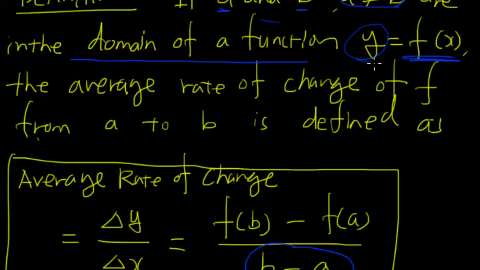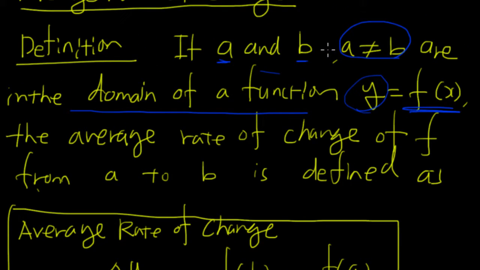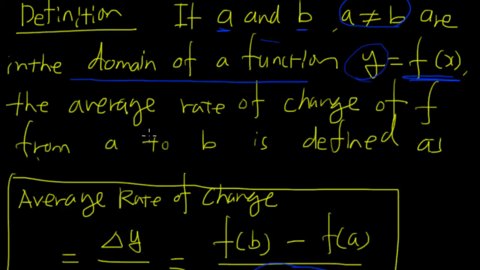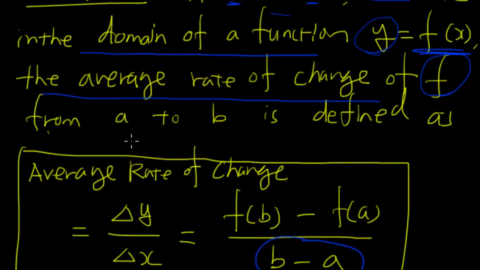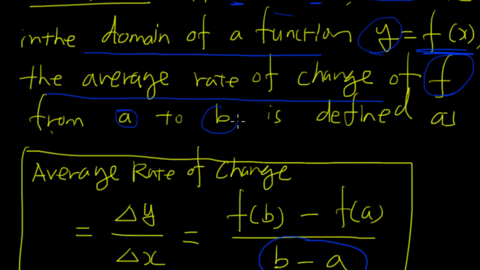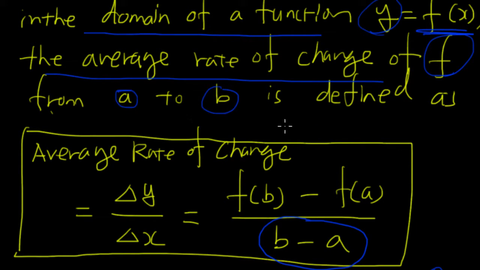So don't worry too much about y equal f of x. Just understand y and f of x as the same thing. So a and b are possible x values of this function f of x, and the average rate of change of this function f from a to b is defined like this.